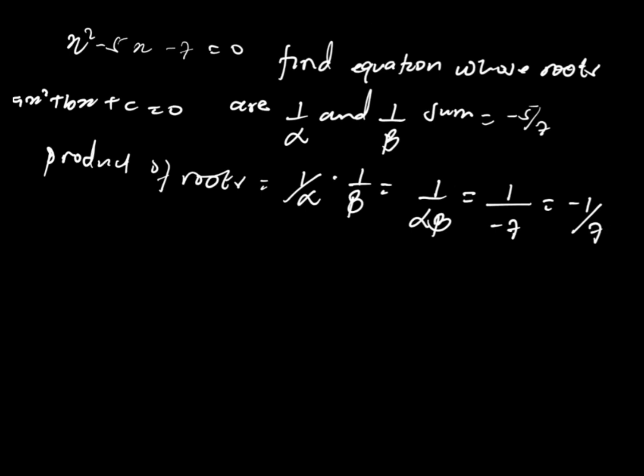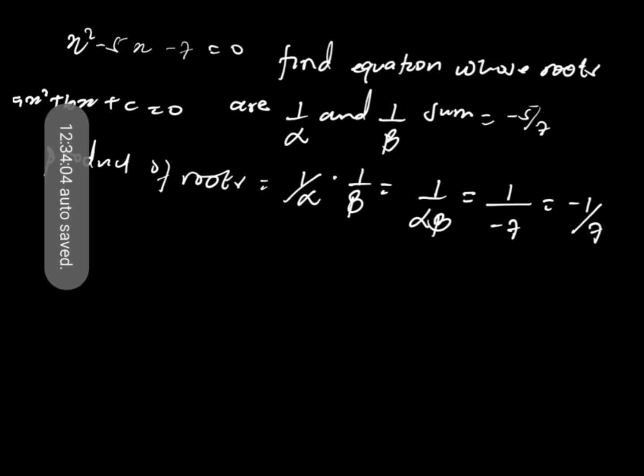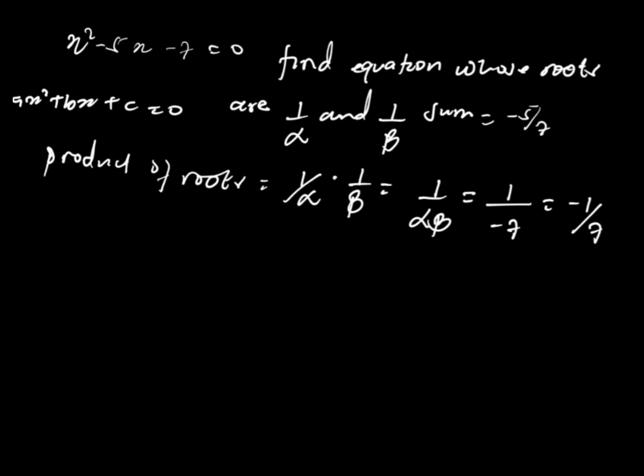Now, having worked that out, to form a quadratic equation, I'm going to come back with my recent expression. I'm going to say that x squared minus sum of roots, close this, x plus the product itself would be equal to 0.